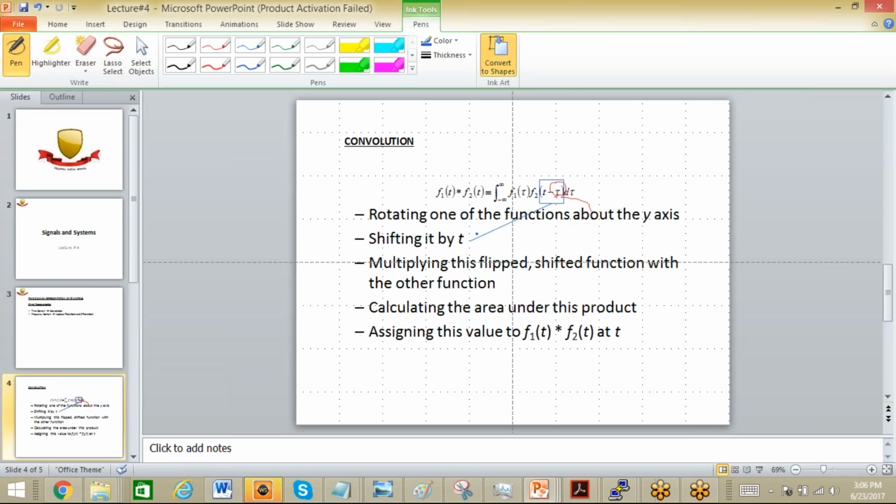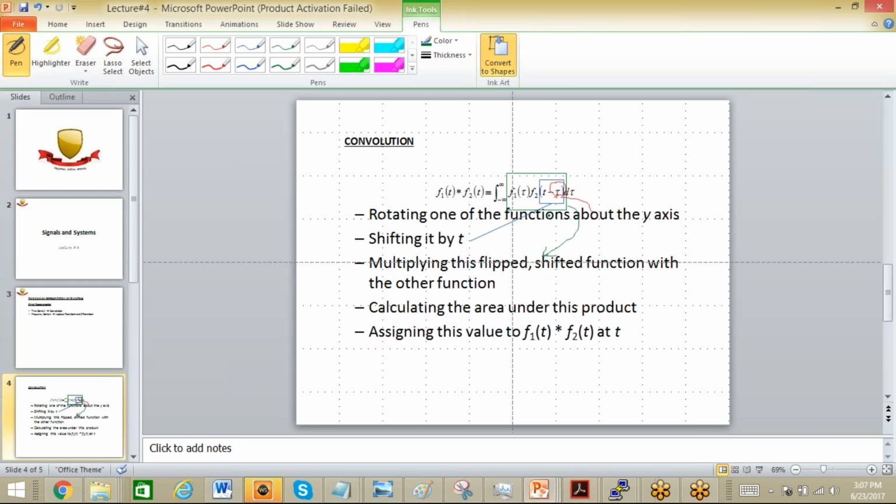That means you can shift it to some related point. Then third, we are taking the product of these two functions. That means you are multiplying the flipped function and the time shifted function.